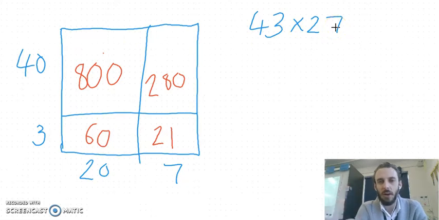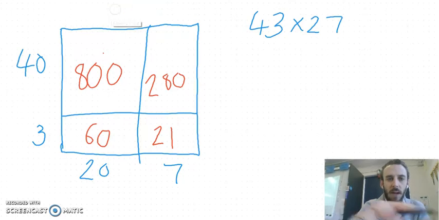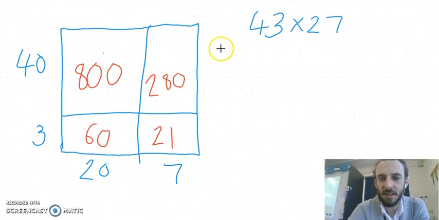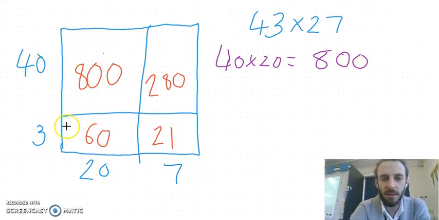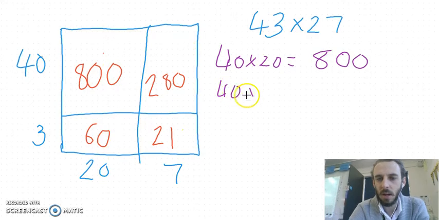The other strategy that goes hand in hand with this is using number sentences. So I'm just going to change color again, and I'm going to start writing out all my number sentences. The first one I did was 40 multiplied by 20, which is 800. The next one I did was 40 multiplied by 7, which was 280.